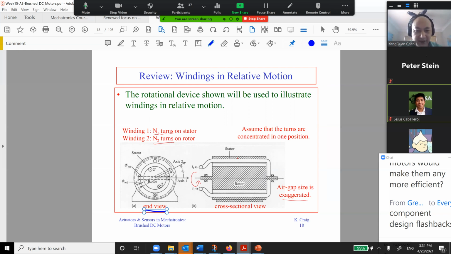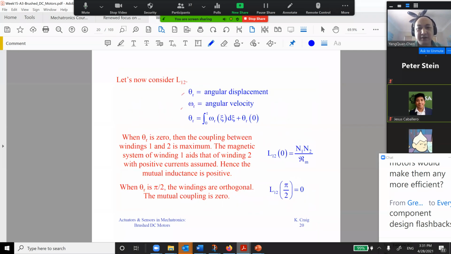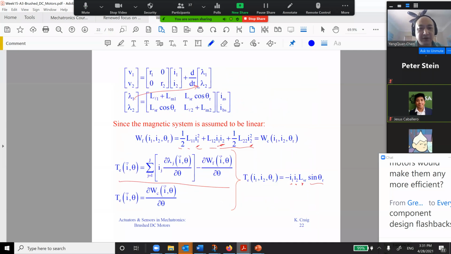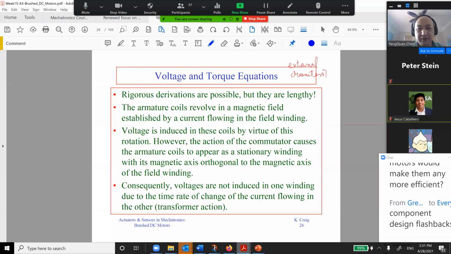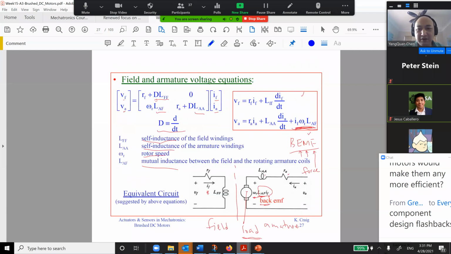The air gap is just illustrated, but it's actually very small. We don't need to go through this now. I want you to take a look at the voltage torque equation.